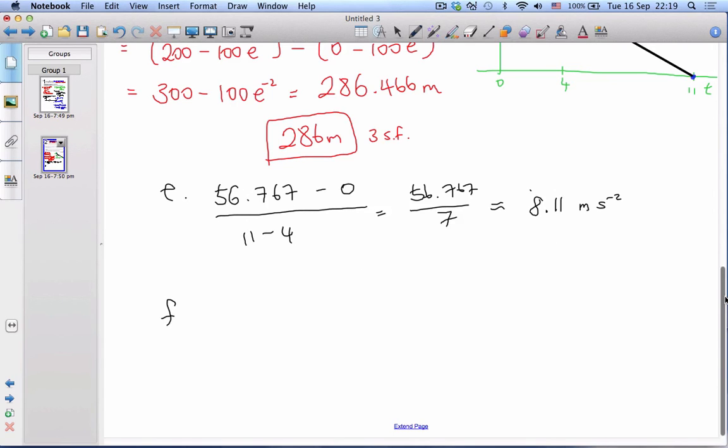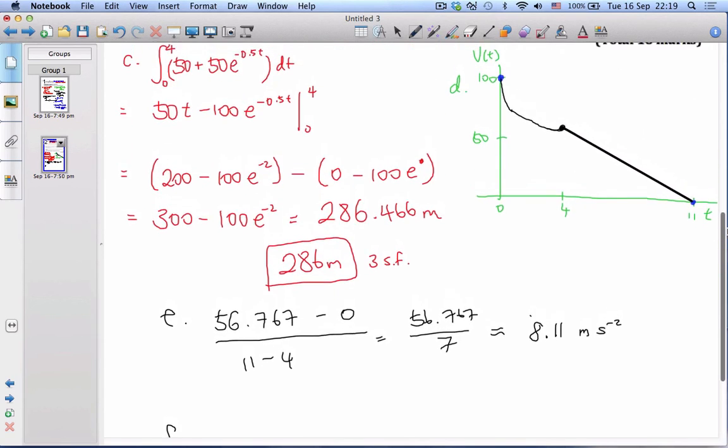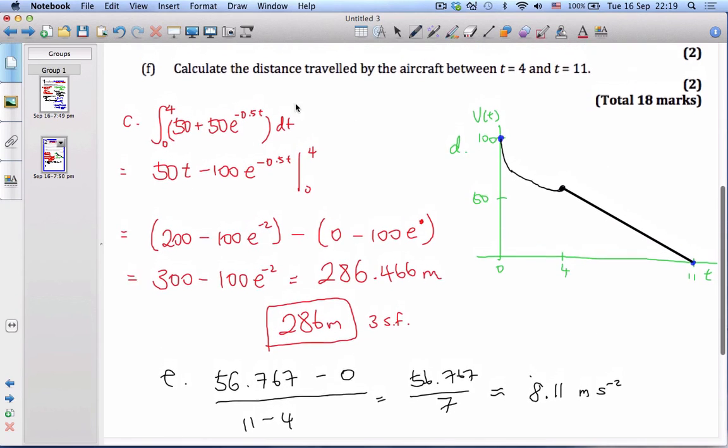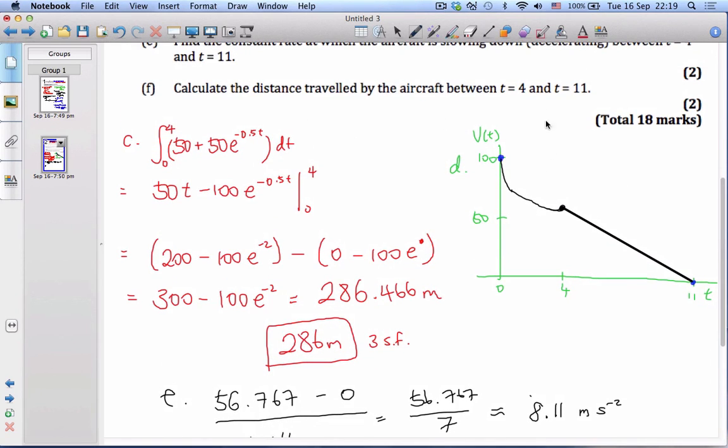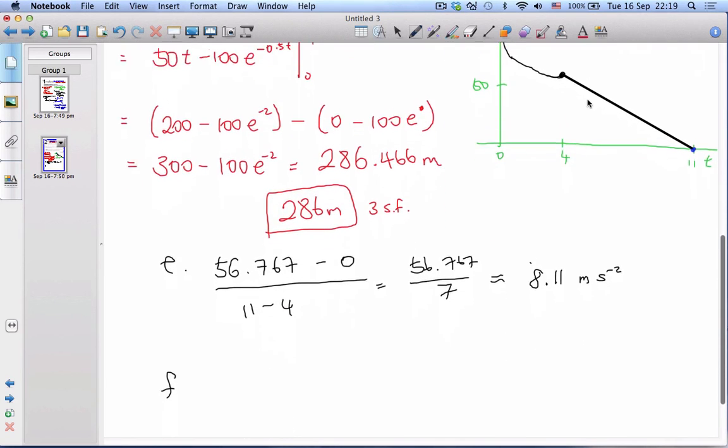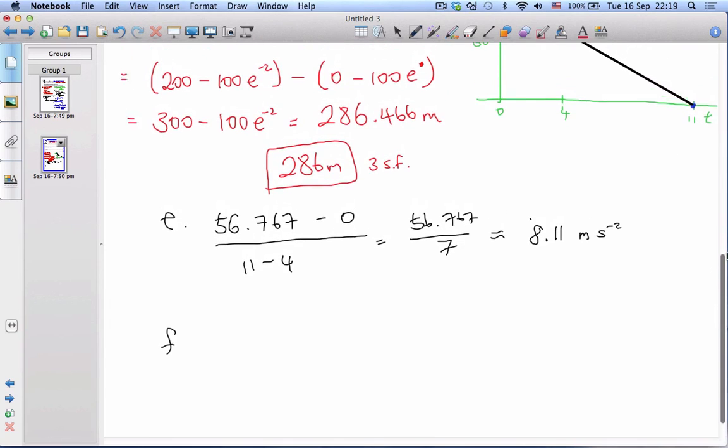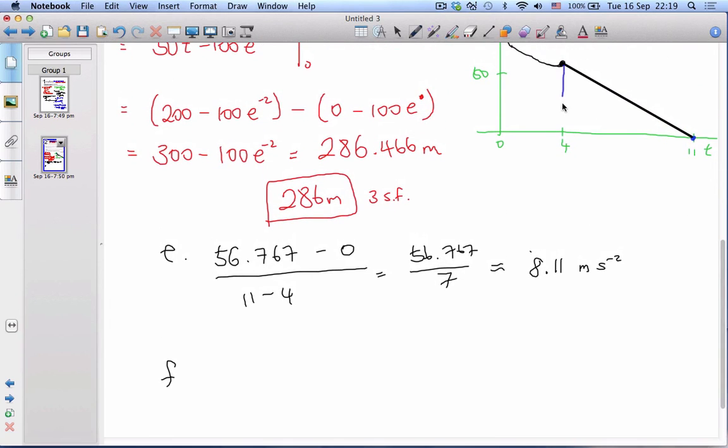Next, F. Calculate the distance traveled by the aircraft between 4 and 11. You might be tempted to set up an integral from 4 to 11, but you don't know the function. It's a straight line, so you can figure that out, but why would you? You can easily just find the area under the curve, because you know that's the integral. So that's this right triangle here.